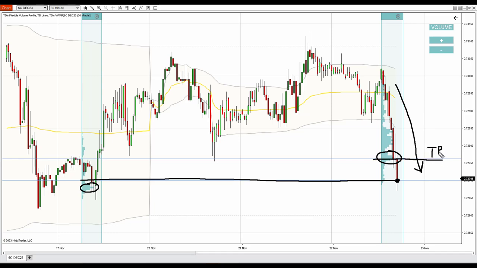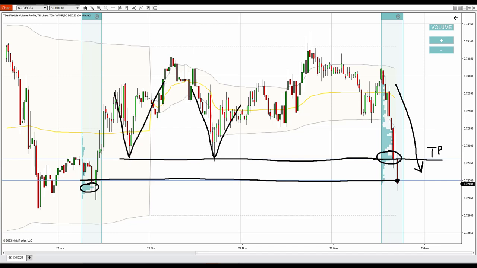where I want to take that profit, and maybe you've spotted this. It is not just this volume cluster, but if I extend the take profit line, you can see that the price was bouncing off this level in the past, which means that it worked as a support in the past.